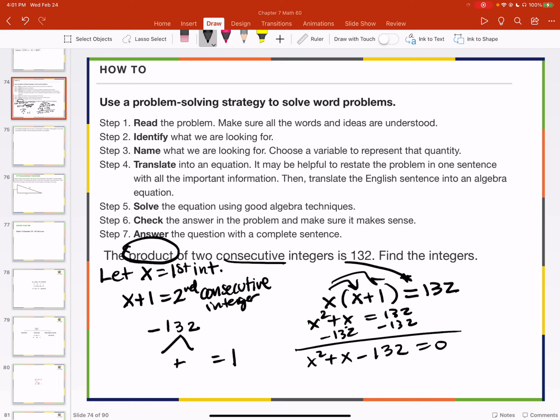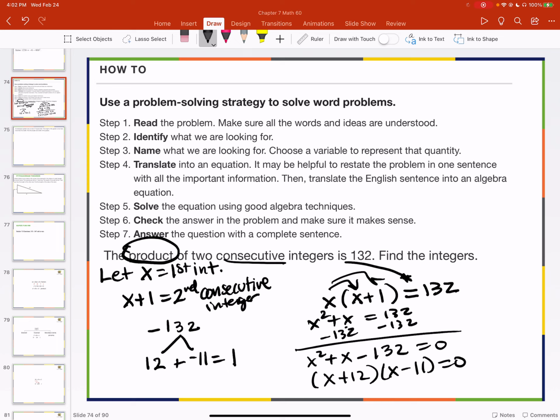Okay, so what do you guys think? If you said 12 and 11, you are correct. So positive 12 and negative 11 multiply to become negative 132, but combine to become a positive 1. So I can rewrite this as (x plus 12)(x minus 11).